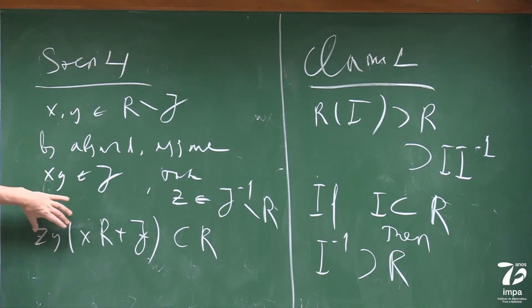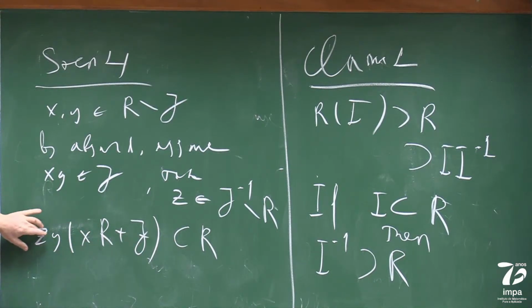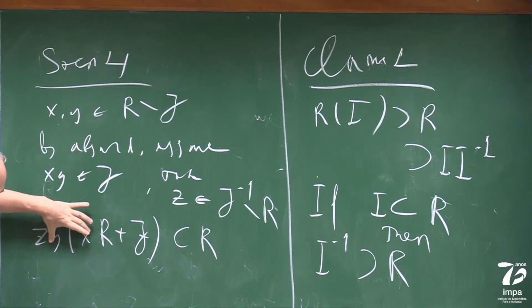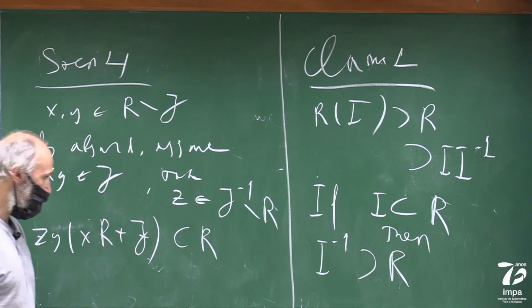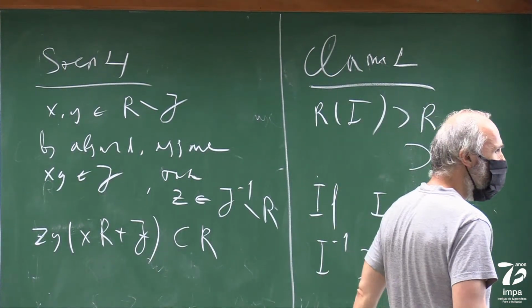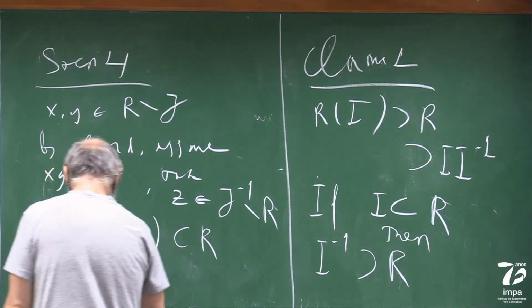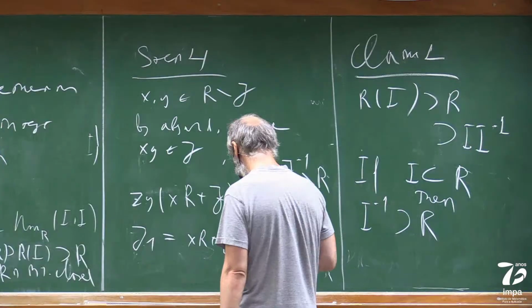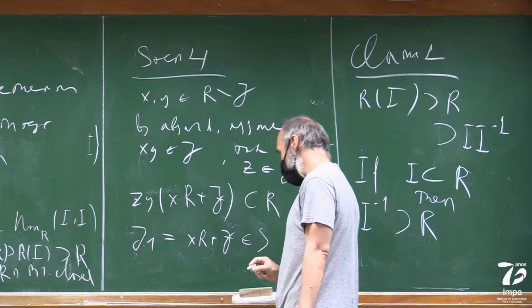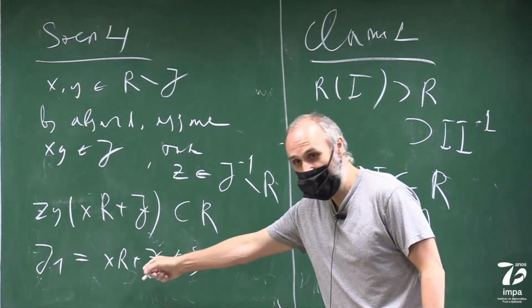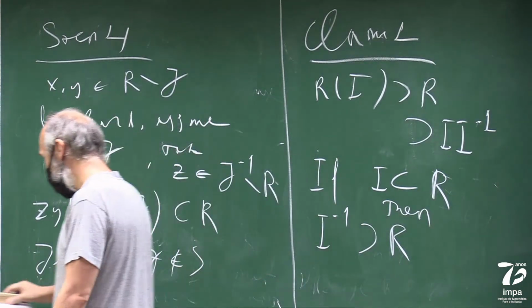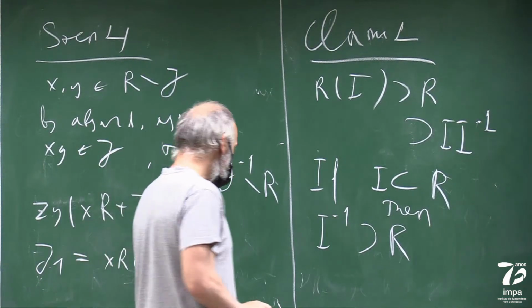Well, xy belongs to J, ZJ belongs to R, and Zxy times J belongs to ZJ, which also belongs to R. ZxyR belongs to J, since xyR belongs to J, and ZJ belongs to R. Okay, and then we have an ideal J1, which is xR plus J. It is not in S, it's bigger.